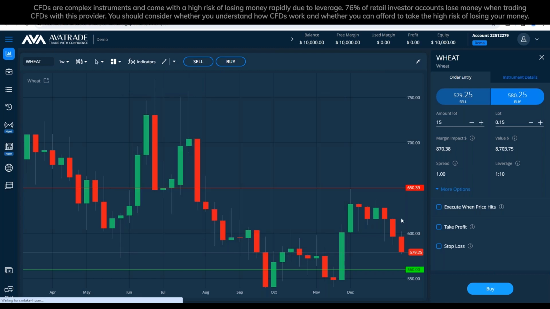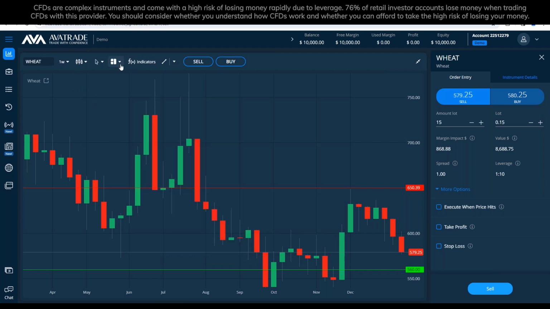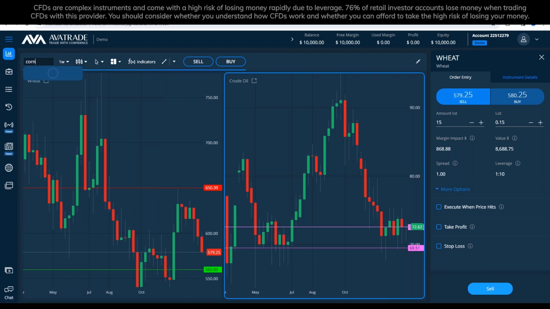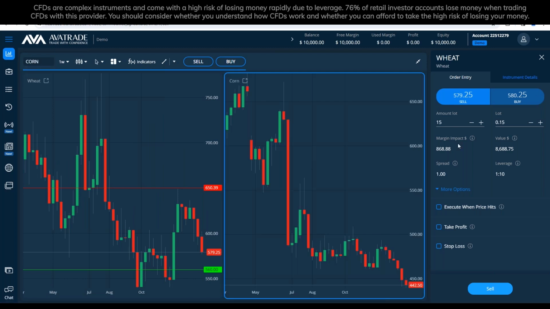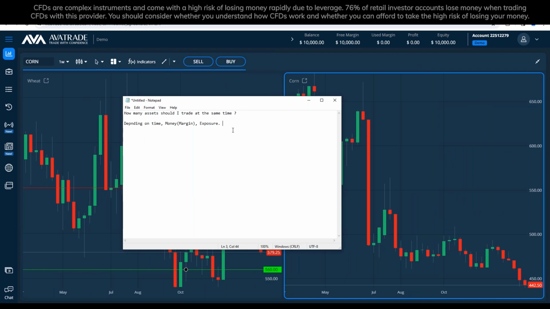Remember, when I'm taking a position with wheat, let's suppose that it does make profit. Let's suppose that we are with the sell. And I want to take another position with corn, and I'm making money with corn as well. Let's open up corn as well. Now I have a position with wheat and a position with corn. Very well.